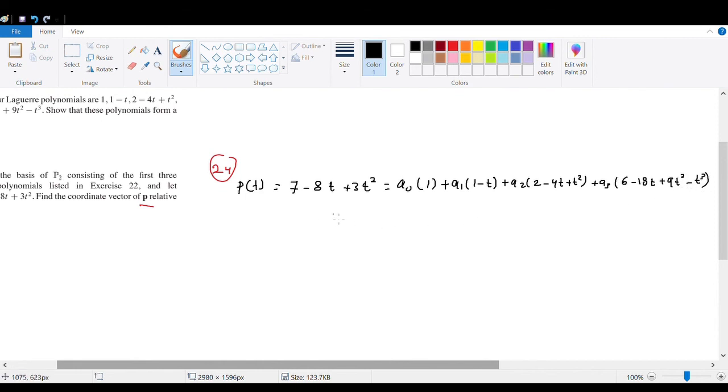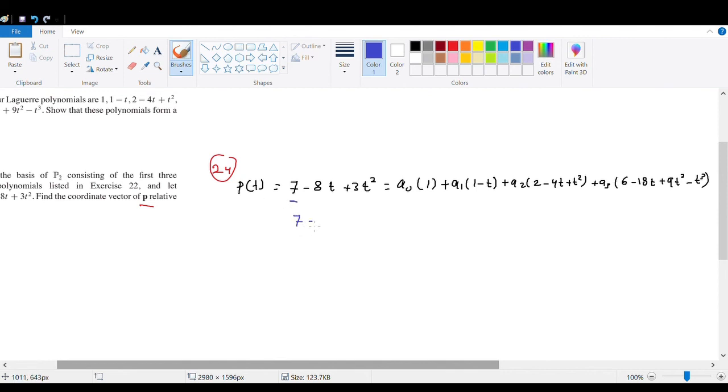So again we need to solve this one to find the coordinate vector of B relative to these bases. So from here we say again, see the constant here we have, which is 7.